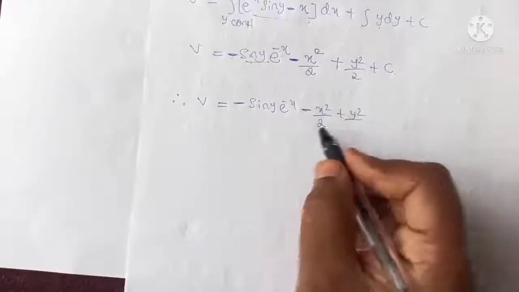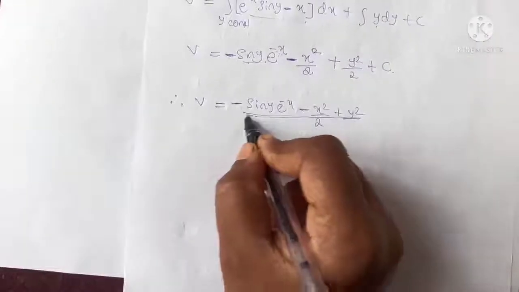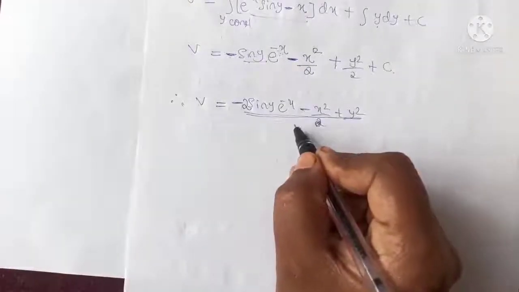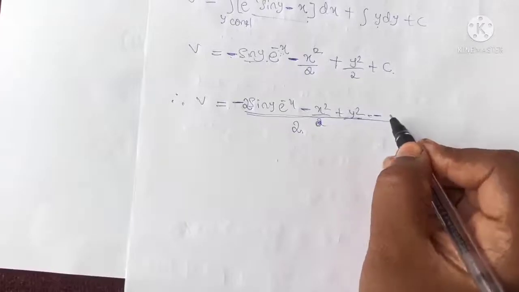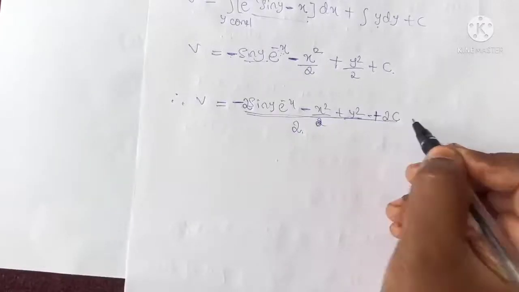On taking 2 as the LCM, we get 2 in the denominator, and we also take 2c.